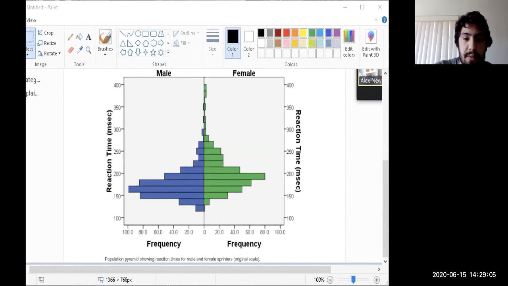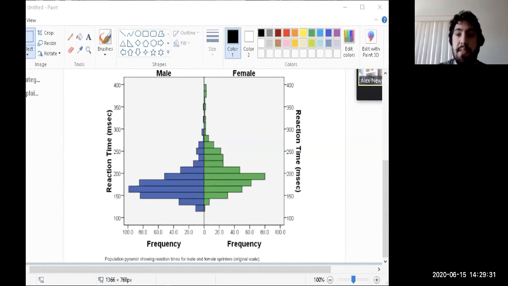What about the variable? Reaction time and frequencies. Yes. For the reaction time, you have to say the unit it's in. So the reaction time is in milliseconds.